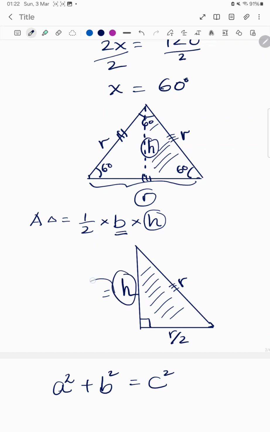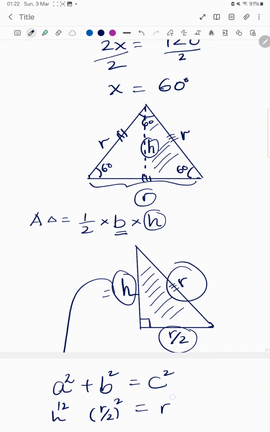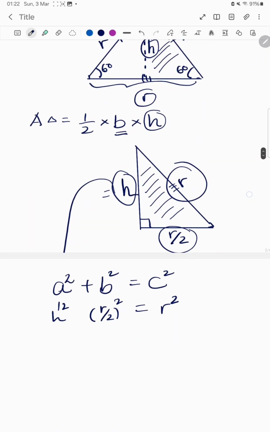In this case, h square is equal to a square, r over 2 squared is the b square, is equal to the hypotenuse r square. This will help us to find out the dimension of h.